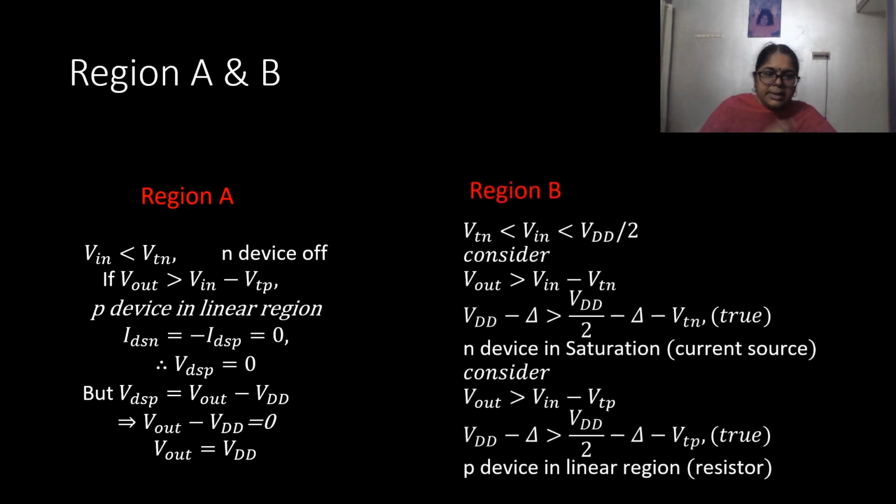Now in region B, the input is between VTN and VDD by 2. Now we consider the condition Vout greater than Vin minus VTN. When we consider the point, Vout will be slightly less than VDD, so we have considered Vout as VDD minus delta.